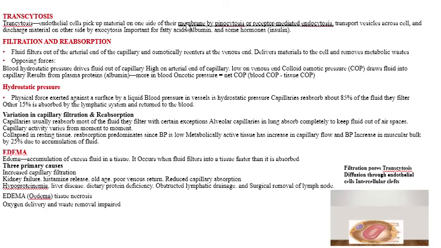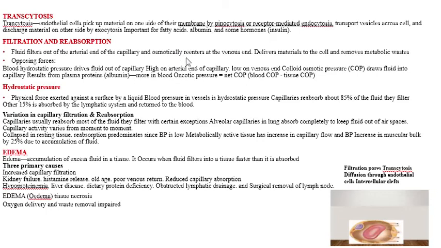Capillaries reabsorb about 85% of the fluid they filter. So it filters, and then a significant amount of the fluid can be reabsorbed. Variation in capillaries, filtration and reabsorption: this is also a process related to the capillaries that reabsorb most of the fluid, as I said, 85%.